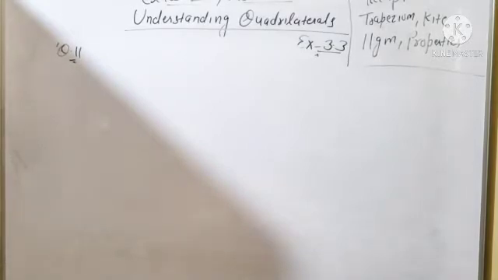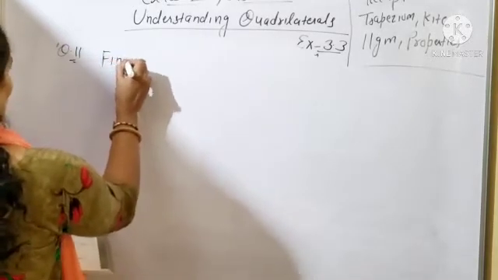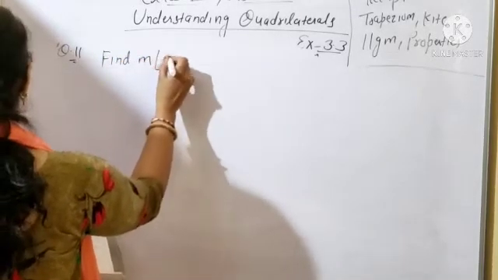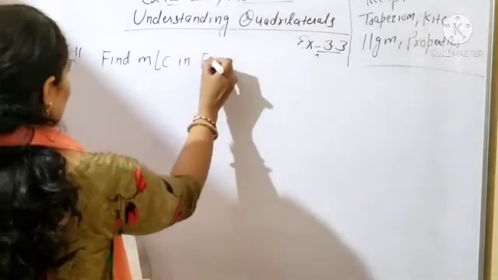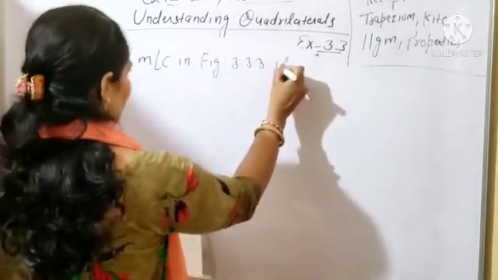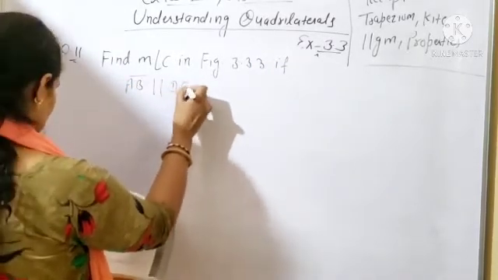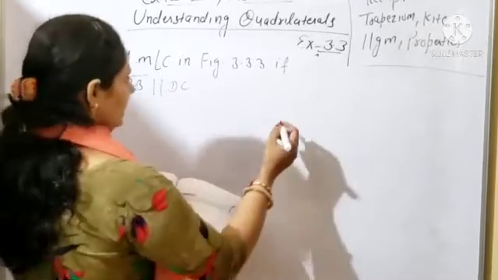Find measure of angle C in figure 3.33, if AB is parallel to DC. Okay, find measure of angle C in figure 3.33 if side AB is parallel to DC. Okay, 3.33. What is given?